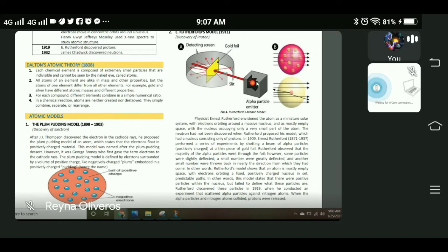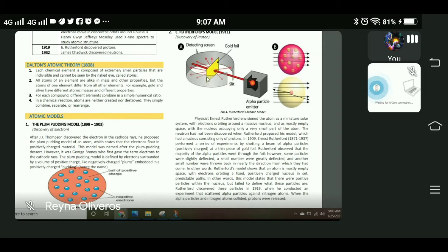So in 1909, Ernest Rutherford performed a series of experiments by shooting a beam of alpha particles, as you can see here, a beam of positively charged alpha particles at a thin piece of gold foil. Yun yung gold foil yung nasa gitna. Okay?